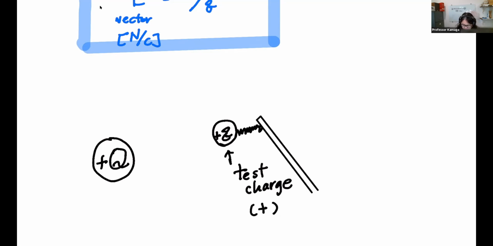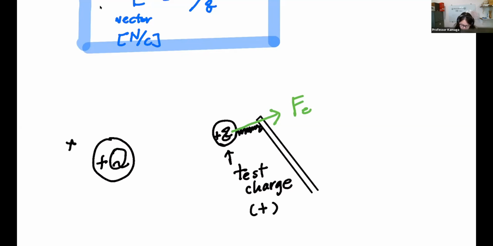So when I bring this little q into the environment of the big Q, the electric field generated by this Q, it's going to feel force. So let's say the electric force on this little one is pointing in this way, Fe, about this much. What if I bring this little q here?